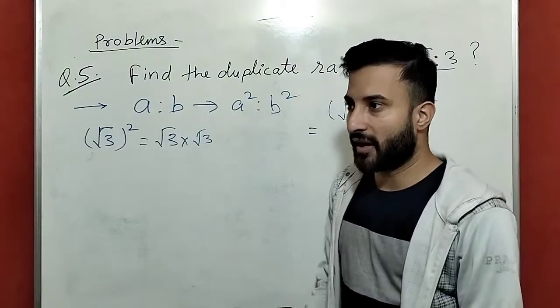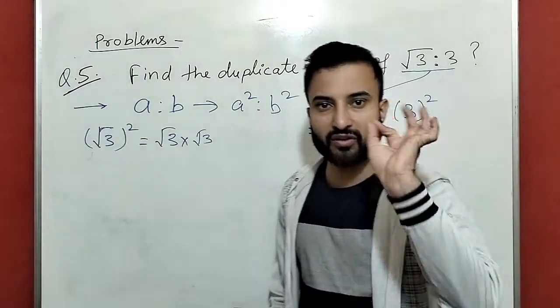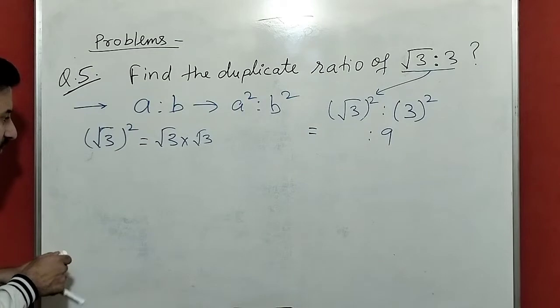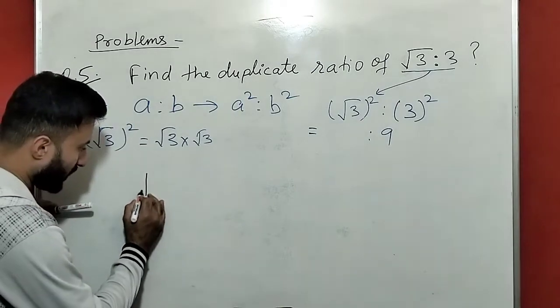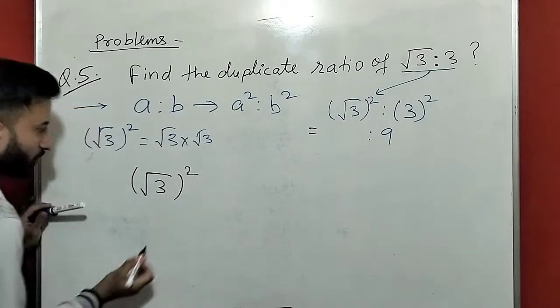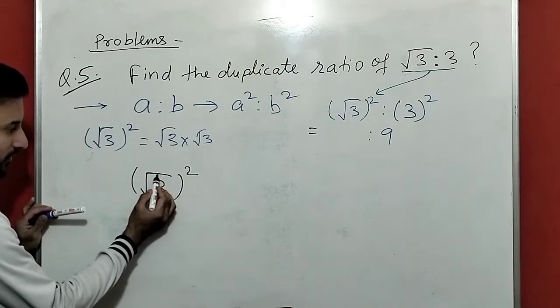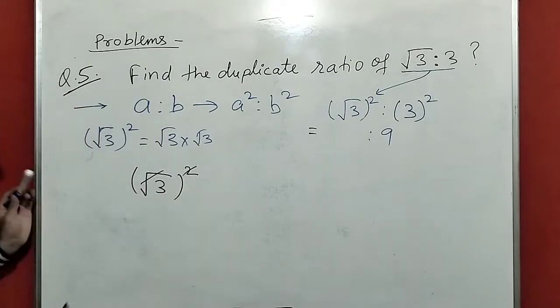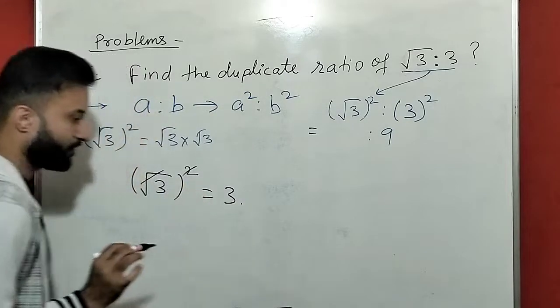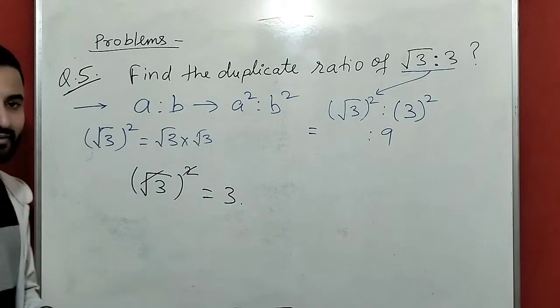Understand the concept. The first concept is, whenever you have the square root of any number to the whole square, the square root and the square get cancelled, so you only get the number. This is a very shortcut trick.